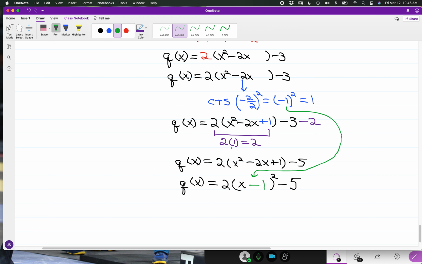So to fill in and complete that binomial, you have the square of x minus 1.